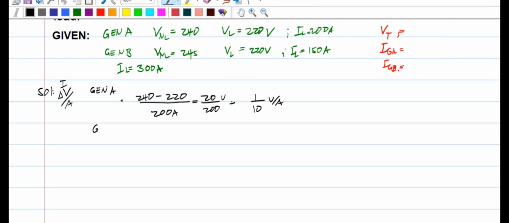For generator B, we have 245 minus 220 divided by 150 amps. So we have 25 over 150, which is equal to 1 over 6 volts per ampere.